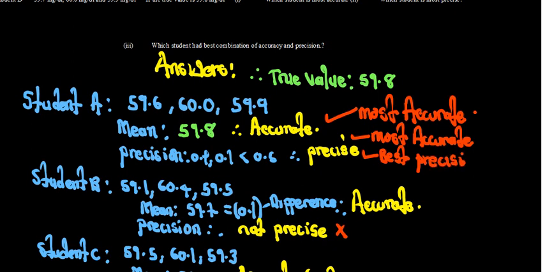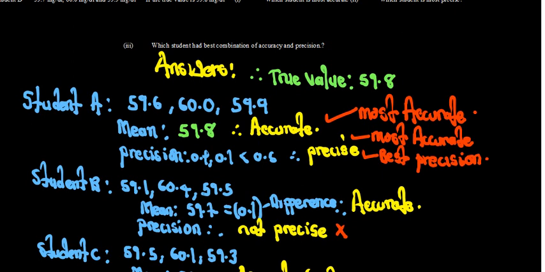So basically, this is how you define the words accuracy and precision. Remember, accuracy is how close the numbers are to the exact value, and what do we do to find out how close they are to the exact value? We find the mean of those numbers and compare the mean to the exact value, or the true value.